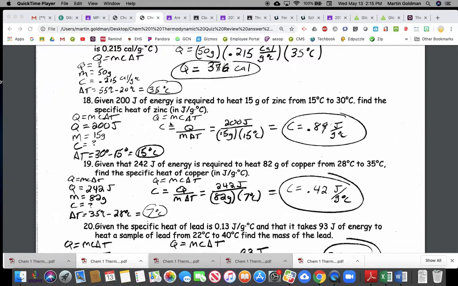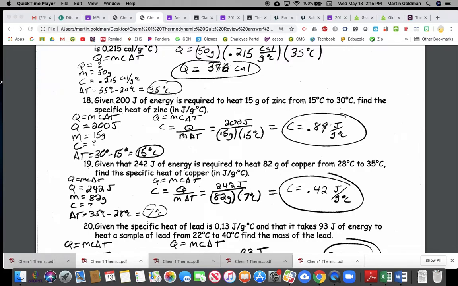So we could plug it in as Q equals mc delta T and solve, but I like to do the algebra with the letters first before moving around all these things. So we want to solve for c, so we take the m and put it on the other side. We take the delta T, bring it to the other side.